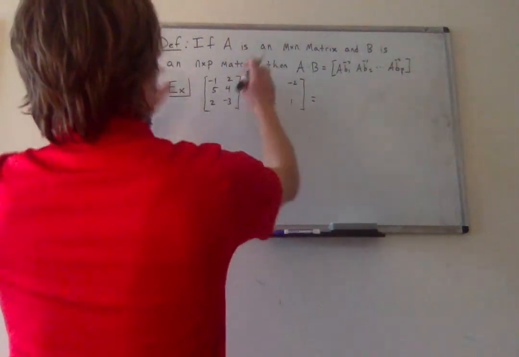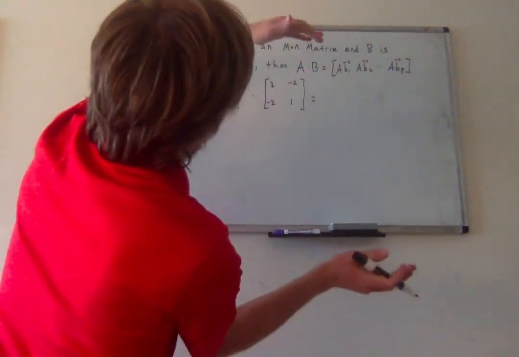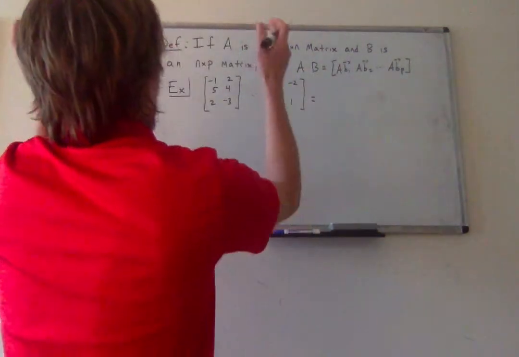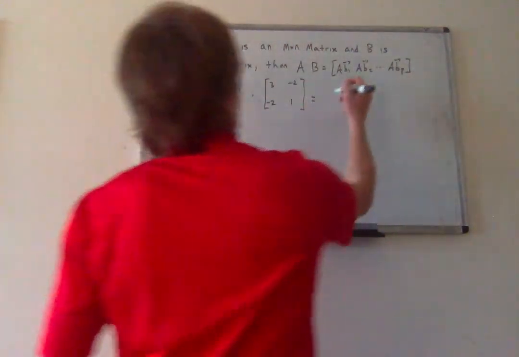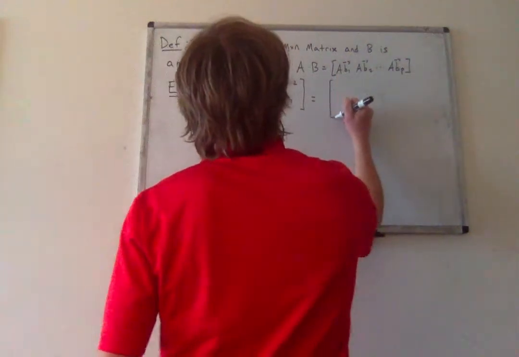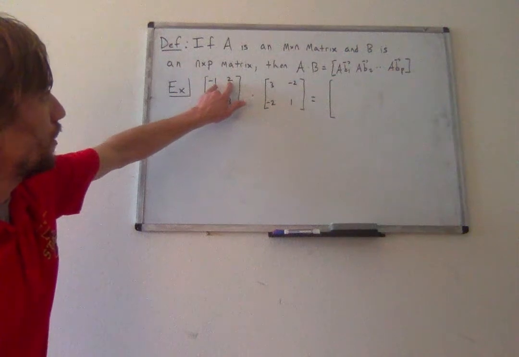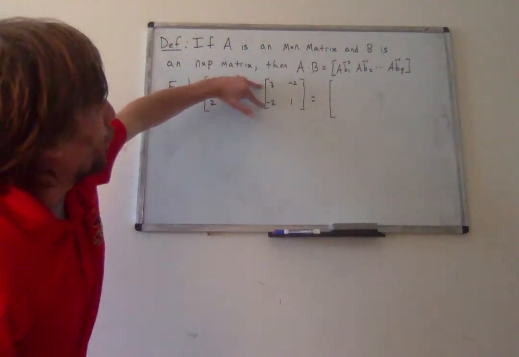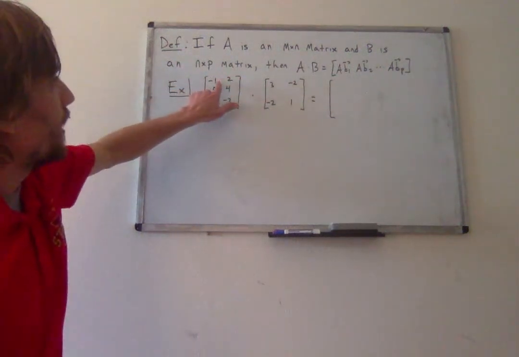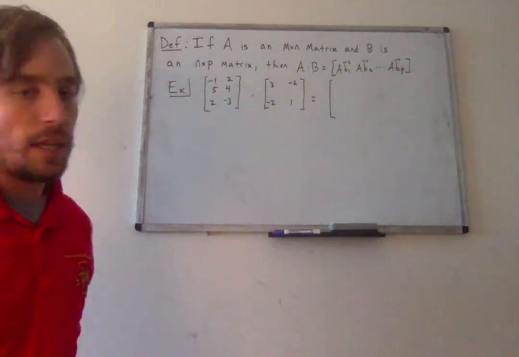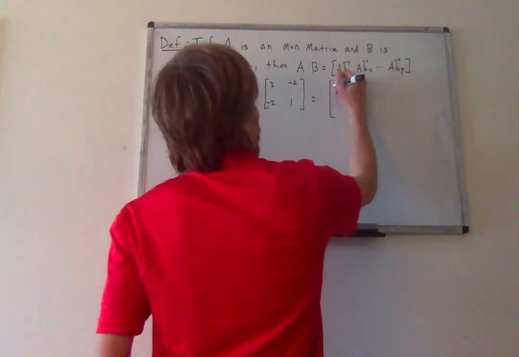You take the first row of A, match it up with the first column of B. And what you do is you multiply all of the entries which match up. So I would take -1, 2, match it up with 3, 2. So I would add -3 plus -4 to get -7.